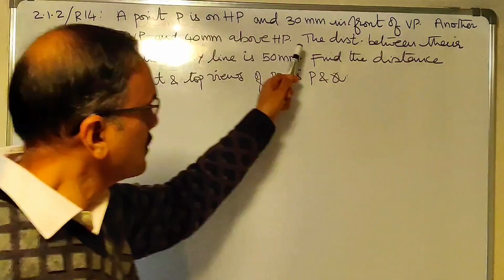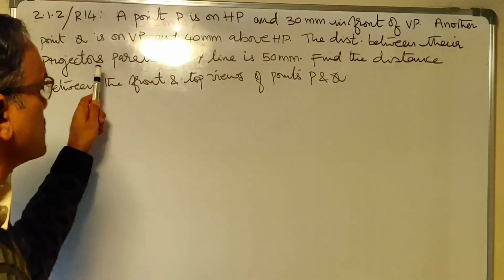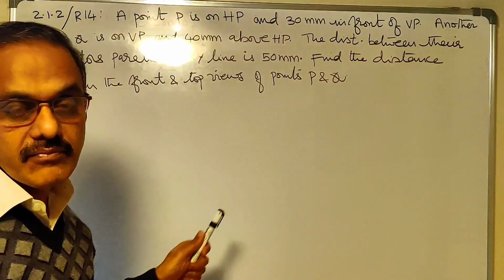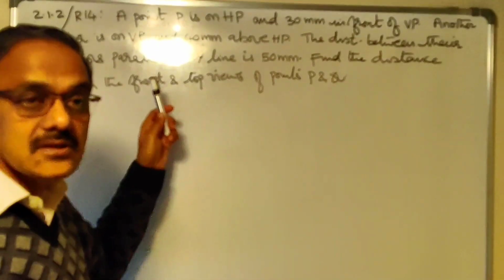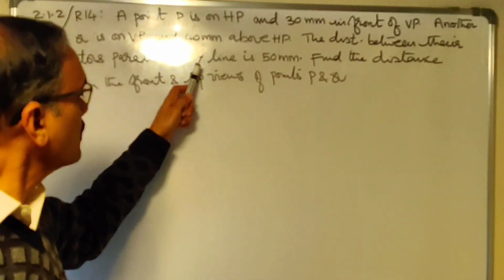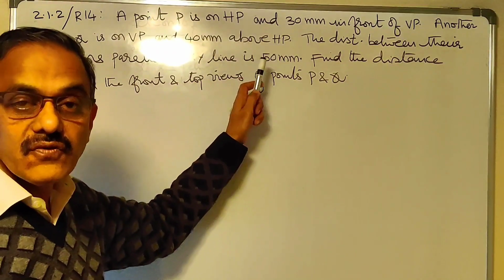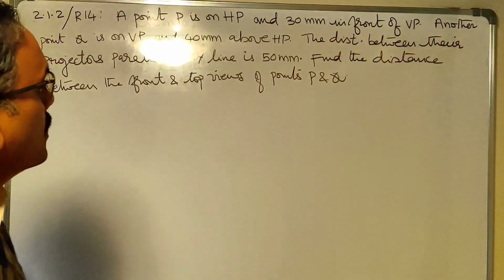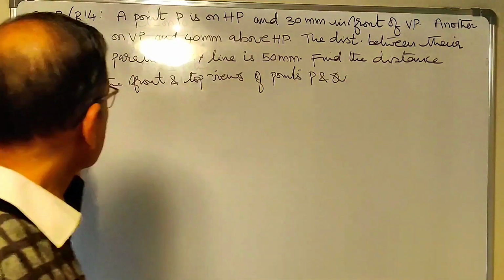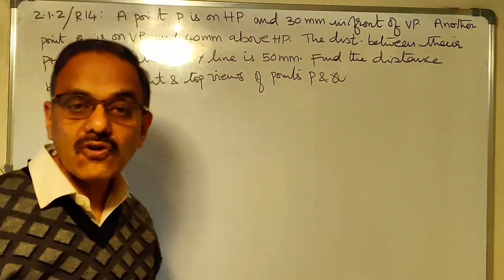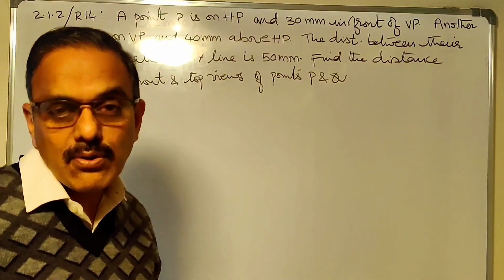You are given the distance between their projectors as 50 mm, measured parallel to XY line. You are asked to find the distance between the front views of P and Q. This is the problem.